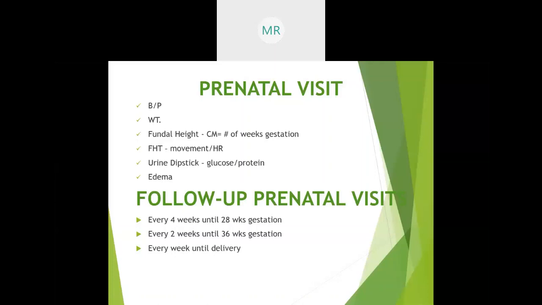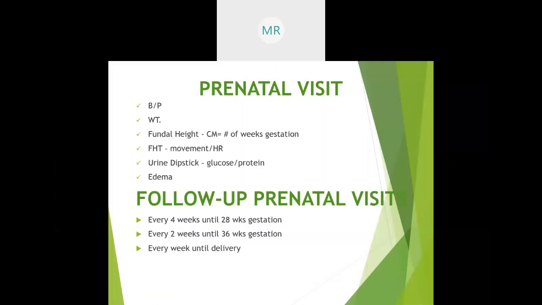Then when you measure, it's supposed to be 28 weeks plus or minus 2 weeks. That's how we know the baby is growing inside the uterus appropriately for the dates and size. Fundal height is a very good measurement of how the baby is in utero, plus or minus 2 weeks.